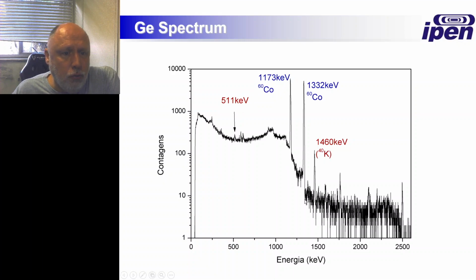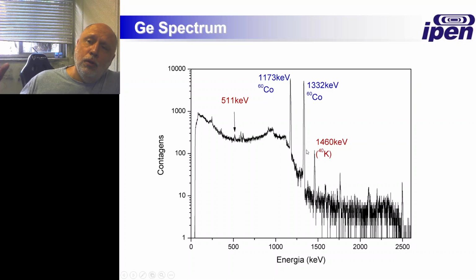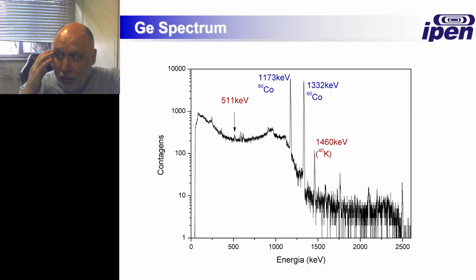So you have these two gamma rays from cobalt-60, as I told you, but you see there are more things here, and two of them are very interesting. Here there's a peak at 1460 kilo electron volts. This is potassium-40. Remember I told you that potassium-40 is one of the primordial radionuclides. It's in everything, including our hands.